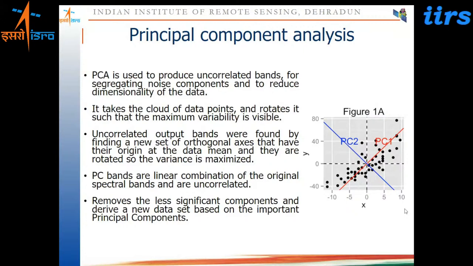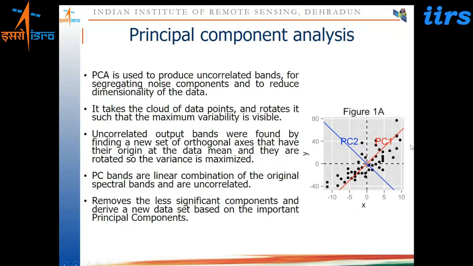We are basically trying to find a set of new orthogonal axes whose origin is at the mean. You can see the black dots available over here. In the transformation, first of all, we shift the origin to the mean, and then rotate so that PC1 and PC2 are such that the maximum variance is along PC1.